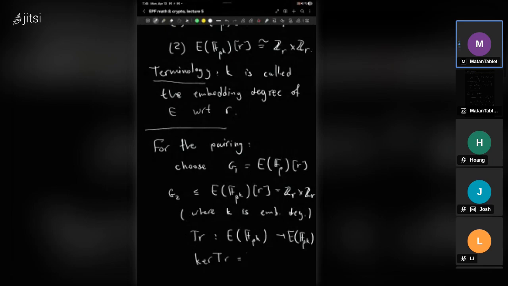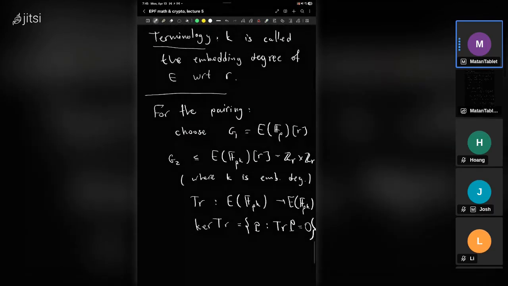This is the collection of all P such that the trace of P is equal to O. And G2 is this kernel.